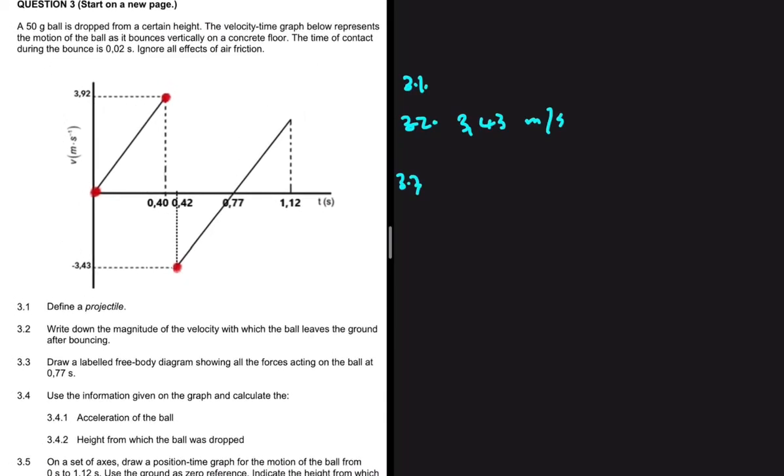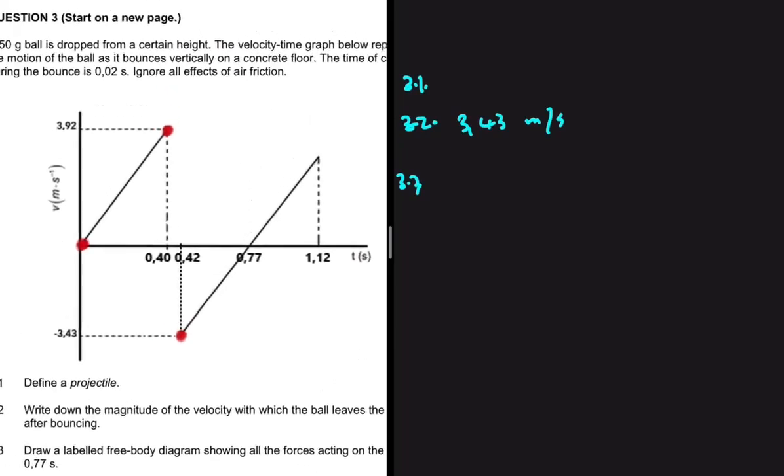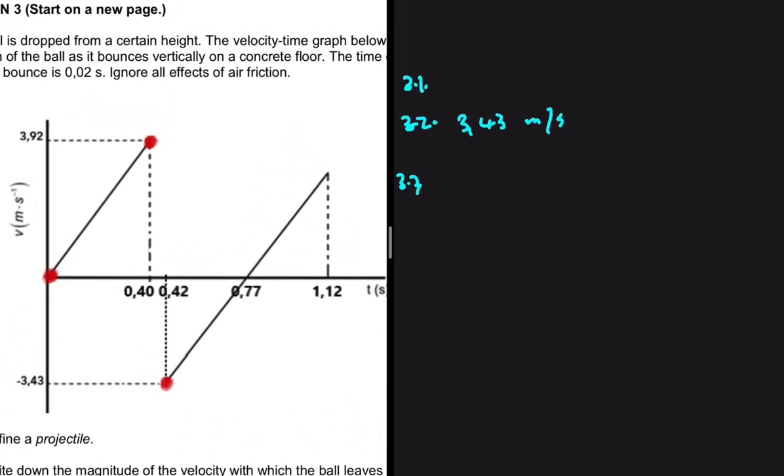And 3.3, draw a labeled free body diagram showing all the forces acting on the ball at 0.77 seconds. So let's go to 0.77 seconds and see what is happening. At 0.77 seconds, our velocity is equal to 0, so we know that we are at a maximum height. But apart from the velocity being equal to 0, there is nothing special about maximum height. Gravitational force is still acting on the object.